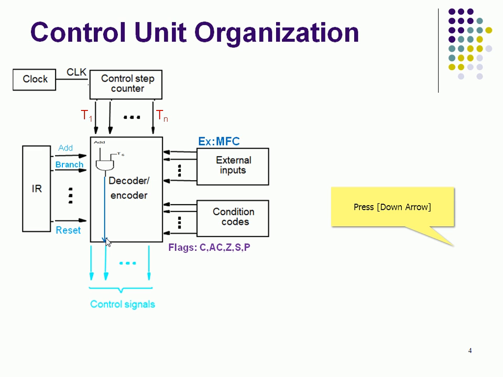I hope it is crystal clear how this control unit organization generates the control signals. One example we gave here: T6 and add will be ANDed to generate the control signals for addition, or it can be used for some other control signal generation.